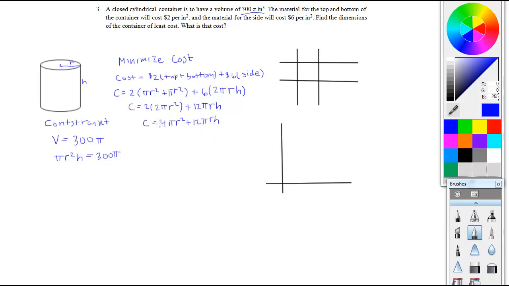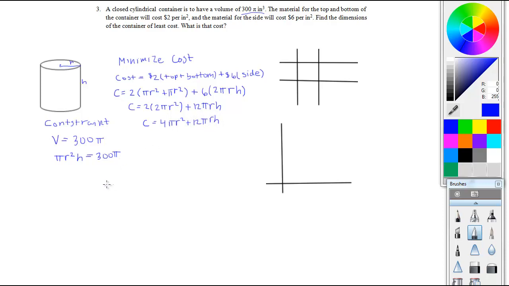So we want to minimize the cost equation, but it has two variables right now, r and h. So we need to get cost as a function of just one variable, and it will be easier to get rid of the height than it would be the radius, because there are two radii in this.